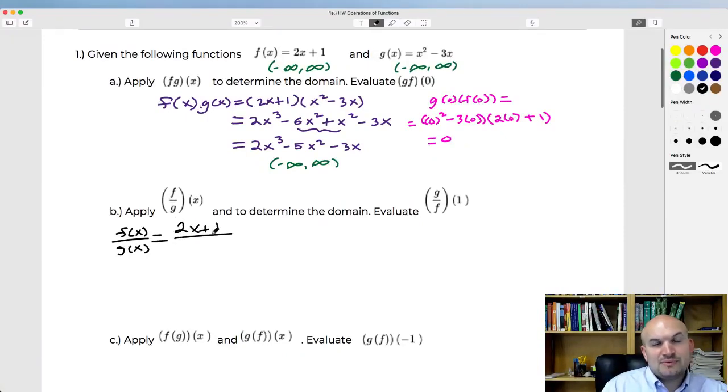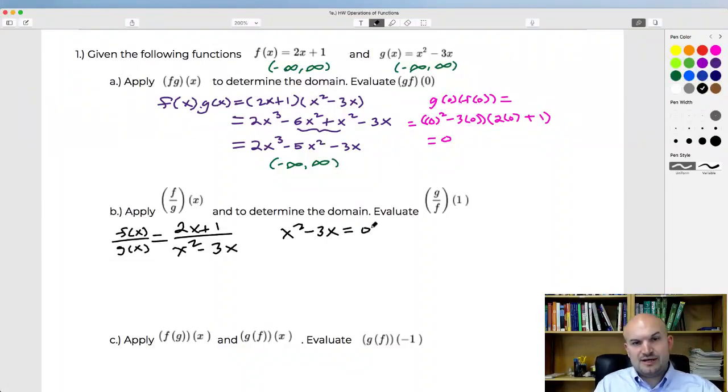If you remember when we talked about the restrictions of the domain in the denominator, we know that it can't equal 0. So even though the function is all real numbers, we now have to check and say, uh-oh, well, x squared minus 3x cannot equal 0. So let's find the values that make it equal to 0.